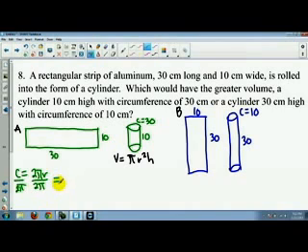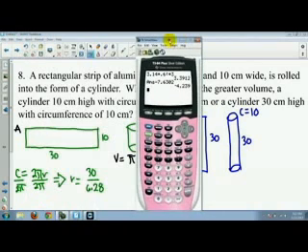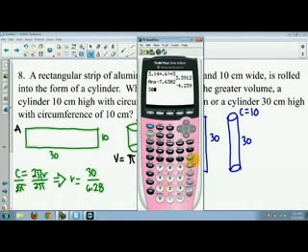Therefore, r is equal to 30 divided by 2 pi, which is equal to 3.14 times 2, 6.28. So what we have here is 30 divided by 6.28, which is 4.78. Let's round it to 4.78.